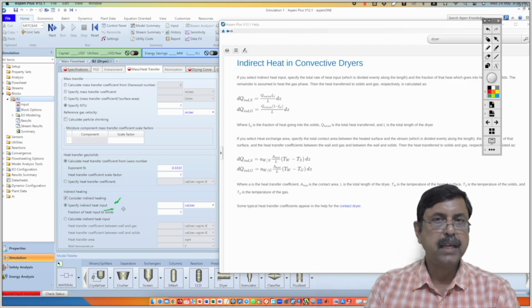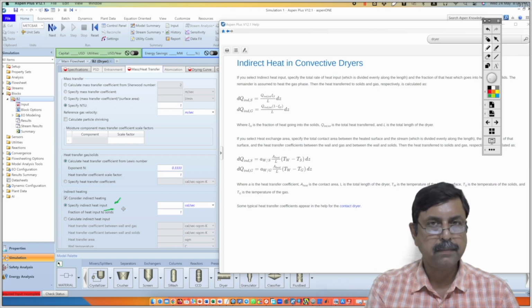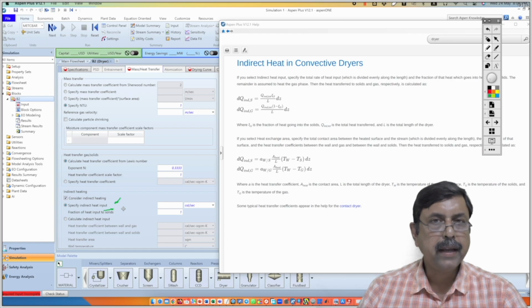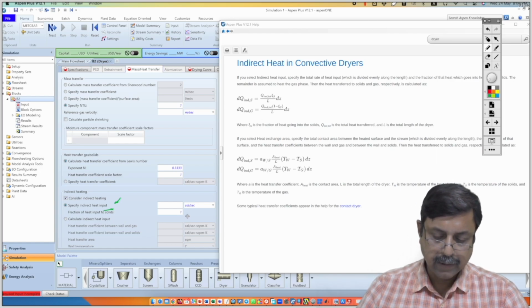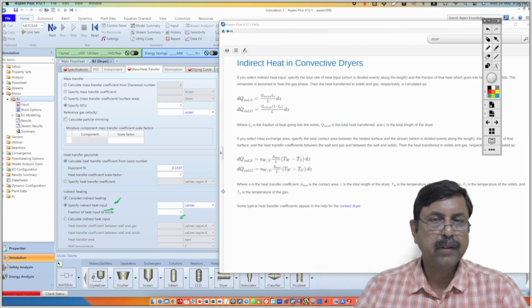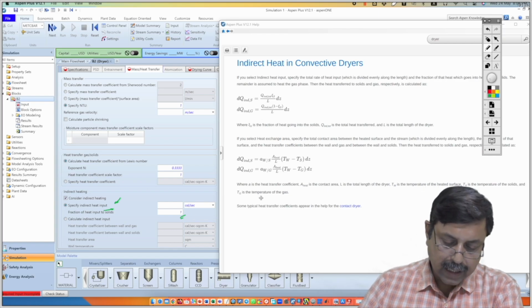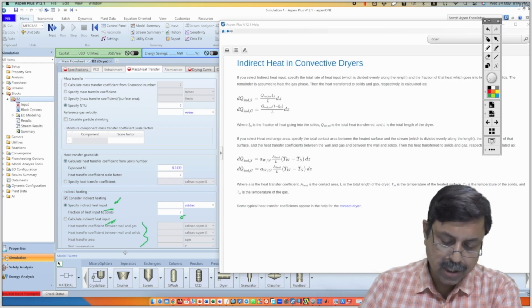Because if you give the heat, then both the solid and the gas will be heated up. So what fraction of your supplied heat is actually going to the solid? That also you can specify over here. If you think that 90% of your supplied heat is going into the solid, then you just write 0.9 here. Otherwise, Aspen can calculate the indirect heat input from this information.